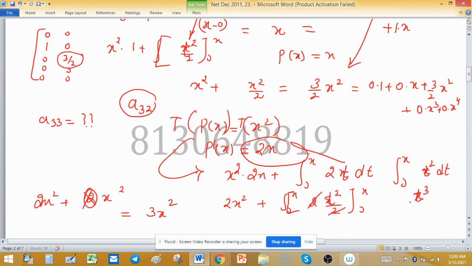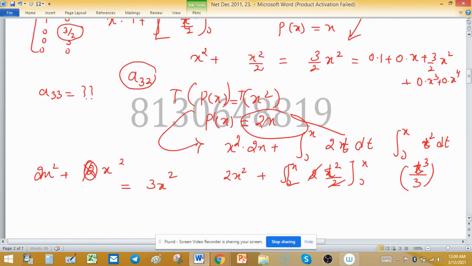Now evaluate this one. This will be t cube by 3, and put the limit 0 to x. So this will be 2x square plus x cube by 3.